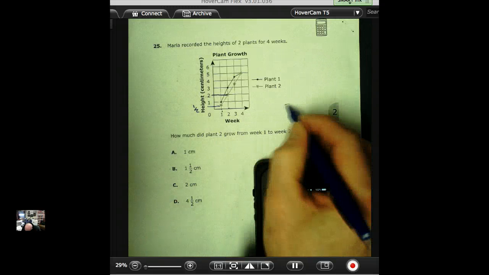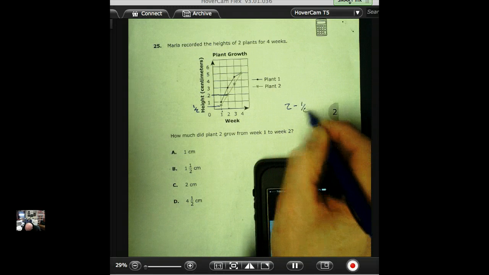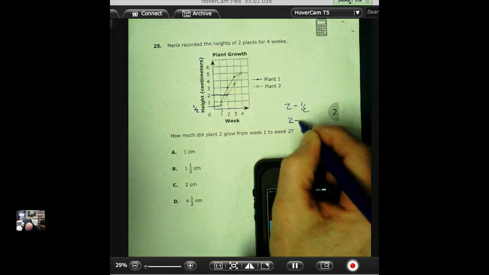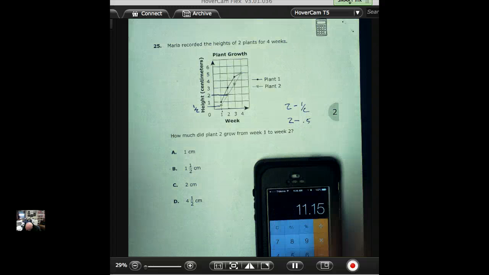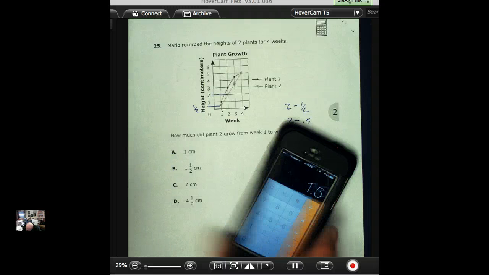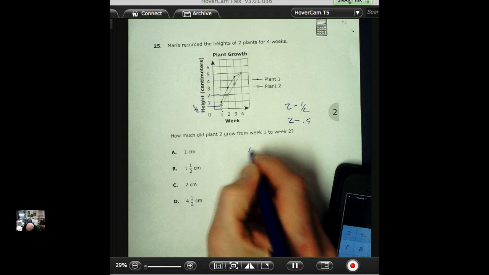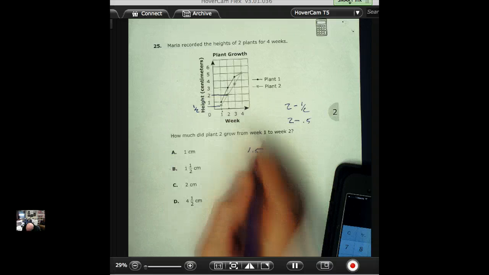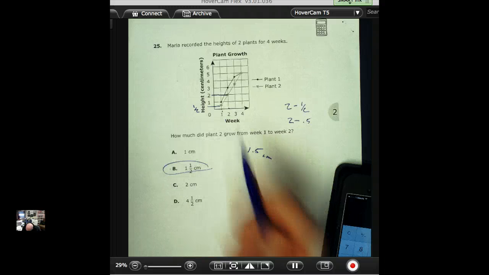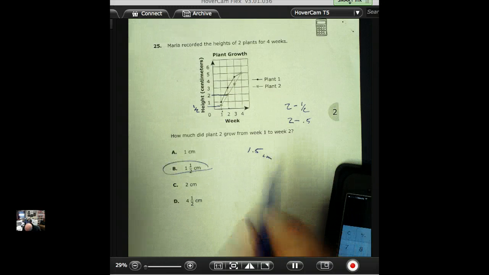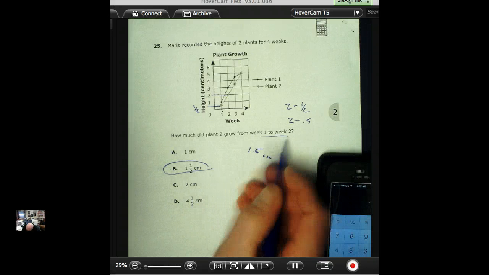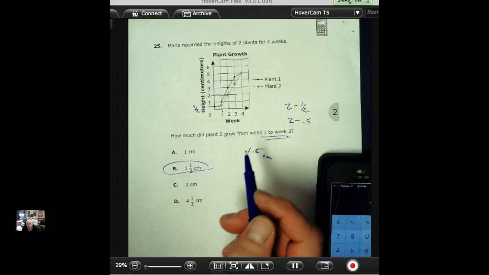So I really have 2 minus 1/2. Now 1/2 is 0.5, so I'll just go 2 minus 0.5 on my calculator. That's 1.5. Is it in centimeters? Yeah, 1.5 centimeters. So it grew 1.5 centimeters from week 1 to week 2, in 1 week.